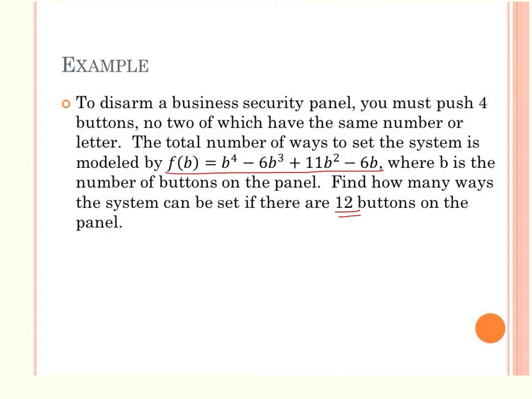So this is really just a plug 12 in for B kind of problem, and so I would hope that you could do this with your synthetic substitution or synthetic evaluation, and do the same thing we did on the previous two examples, but just put a 12 on the outside, and then the inside it looks like would be 1, -6, 11, and -6. So you might see if you can do that, and you can always do your regular substitution to check it.